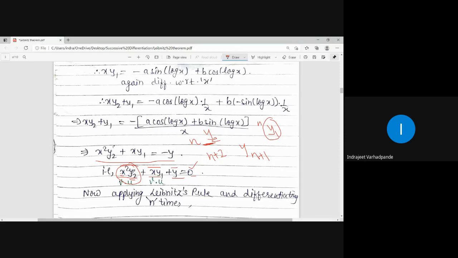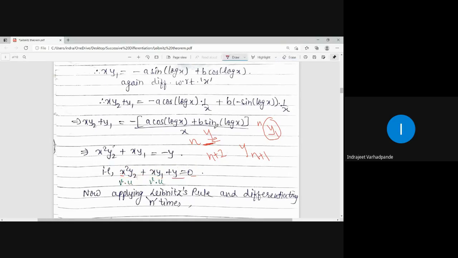So it is a product of two functions which are differentiable with respect to x. x into y1 is also in product form. x is a function of x, y1 is a function of x, plus y. y is the independent term, you don't have to do anything to it. This is how we can easily get the simplification by applying the Leibniz theorem.